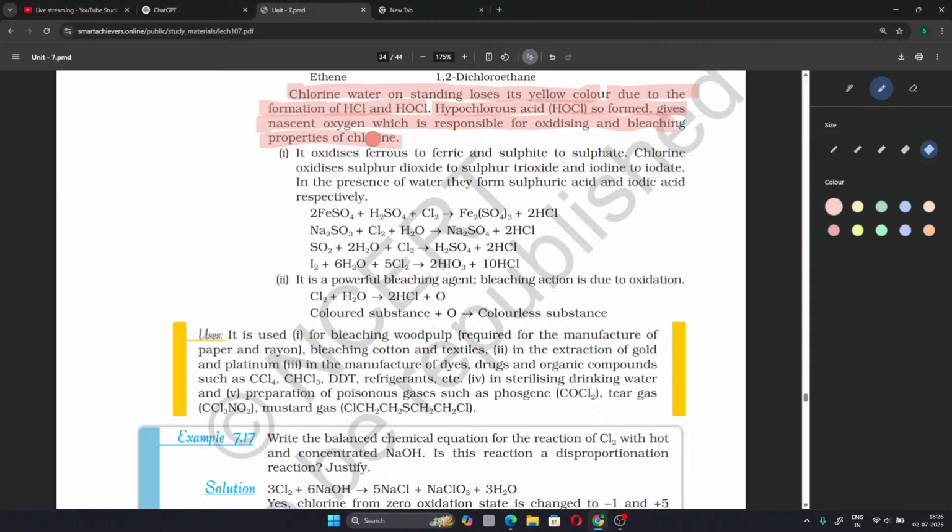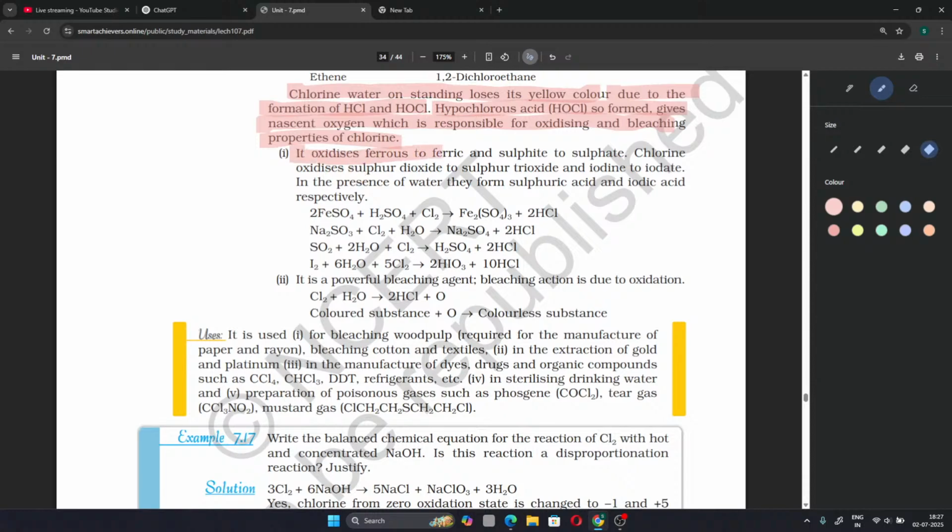Basically, when chlorine is dissolved in water, it will decompose if we keep it for some time, and it will give hydrochloric acid and HOCl, hypochlorous acid. As it decomposes, it will give nascent oxygen. This nascent oxygen has a high oxidizing capacity, due to that it gives chlorine its bleaching properties.